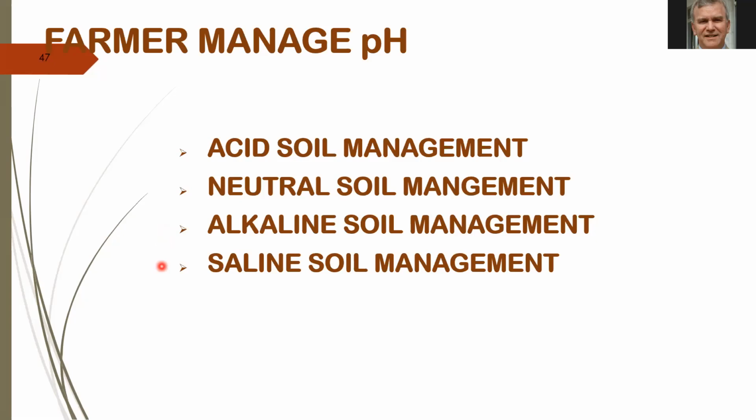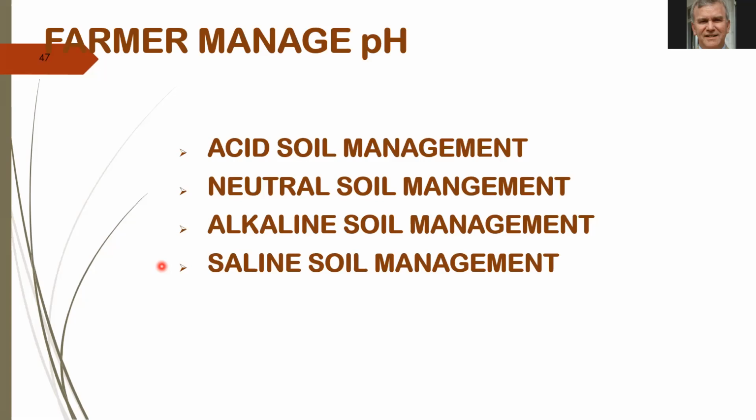Also, farmers have to manage alkaline soil conditions as well as saline soil conditions. Saline soil conditions are those soils that are high in sodium. Gypsum is used to reduce the amount of sodium that is exchangeable in the soil solution.